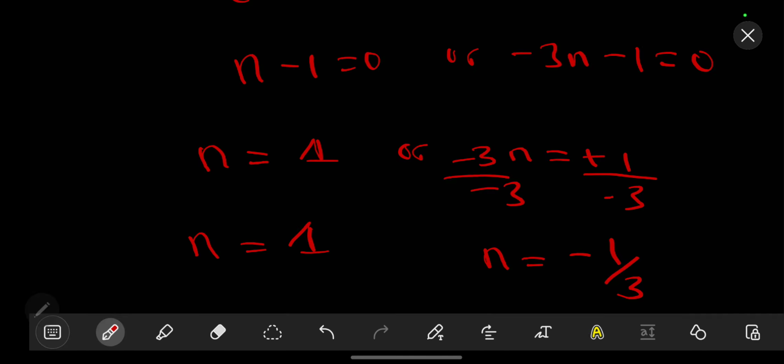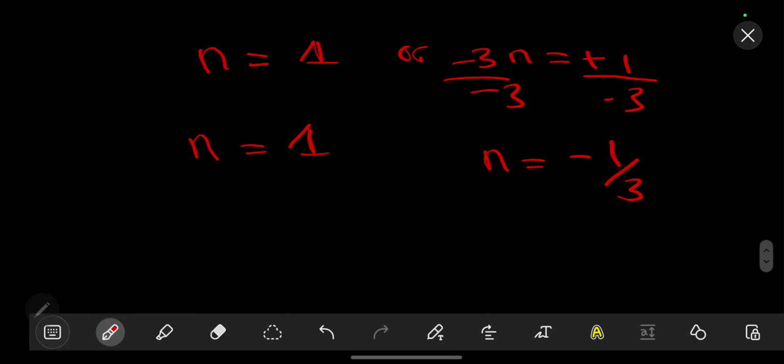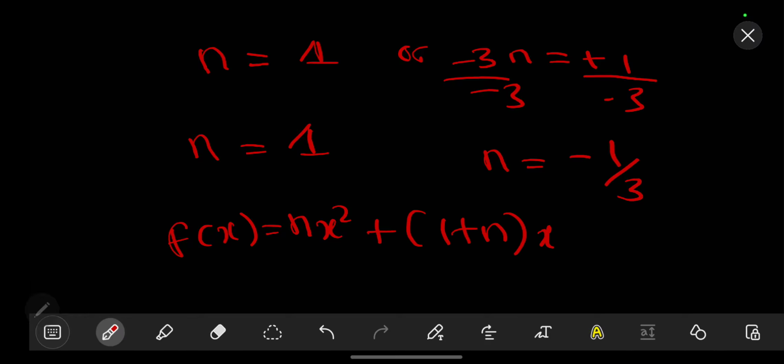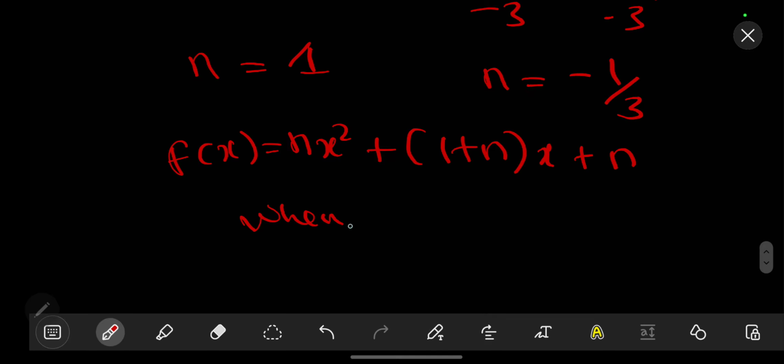Since we have two different n values, for our equation, which was given as f of x is equal to nx squared plus 1 plus n x, plus n, like that. When n is equal to 1, f of x should be equal to, where there is n we put 1, so it will be 1x squared, so we don't write the 1 there.